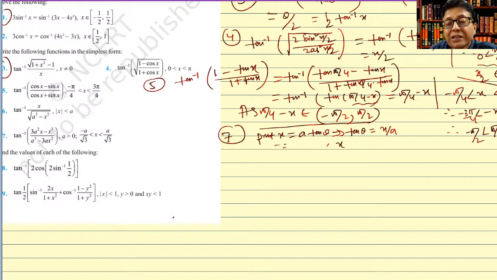Since x is greater than, therefore, x is what? x is a tan theta.